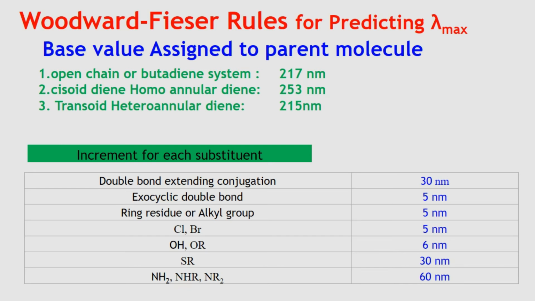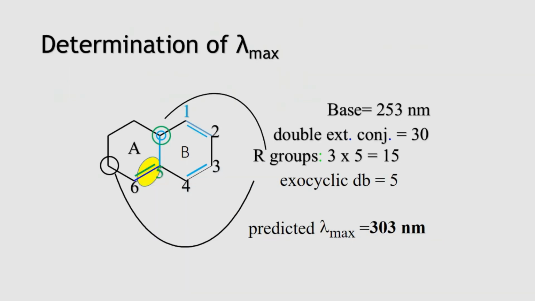In the first example, you can find 3 double bonds present. Here we can consider this a homoannular diene, because the absorption maxima is higher and 2 double bonds are in the same ring, and that's why the base value is 253 nanometer. Next is double bond extending conjugation.